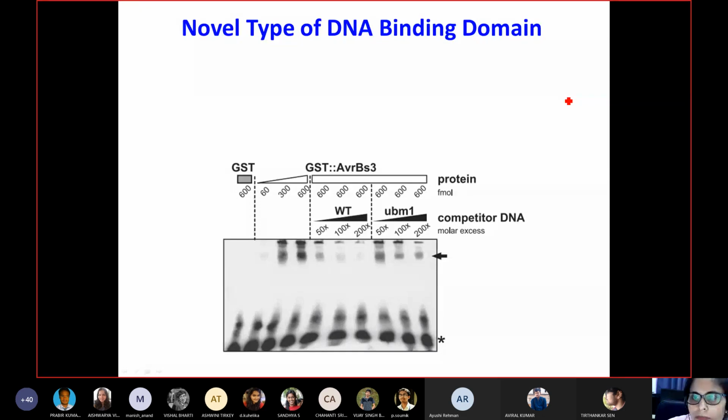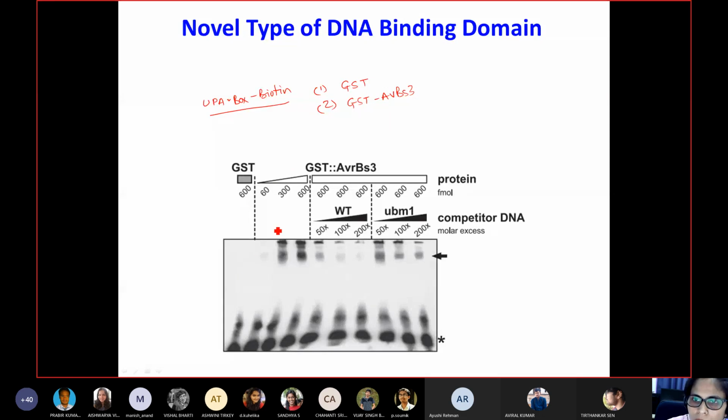Second, they purified proteins. First, they had only purified GST. Second, they had purified GST-tagged AvrBs3 protein. With these proteins, they could check whether, in the presence of the biotin-labeled fragment, they are able to form a complex or not.